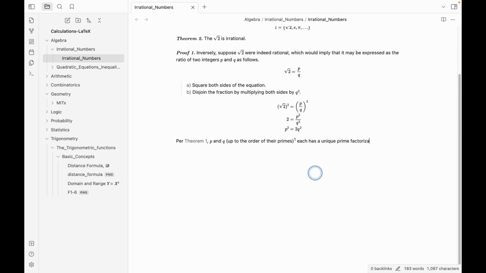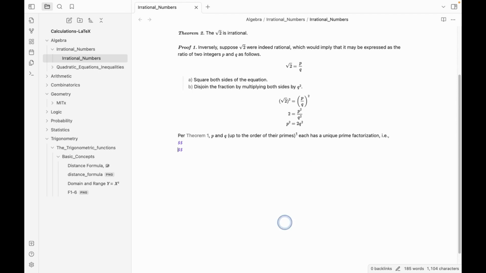Okay, so each has a unique prime factorization, which is to say that p squared is equal to the quantity, the product of its prime factors, times the quantity, the product of its prime factors, of which there are n in both cases.